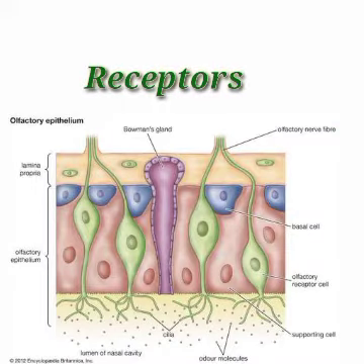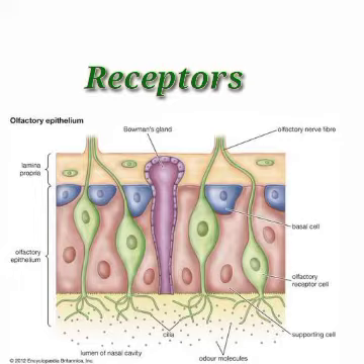Receptors are found in frog and get the information from the environment and send it to the brain. These receptors send sensation to the central nervous system via nerves.